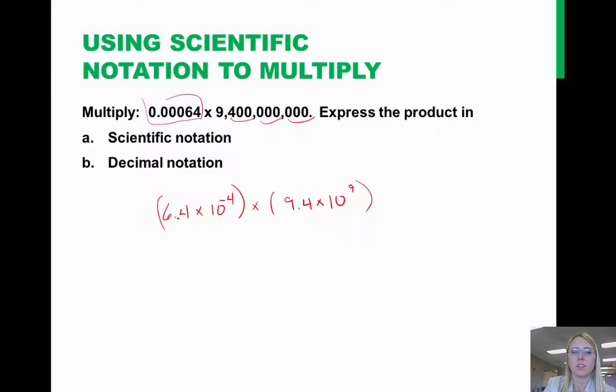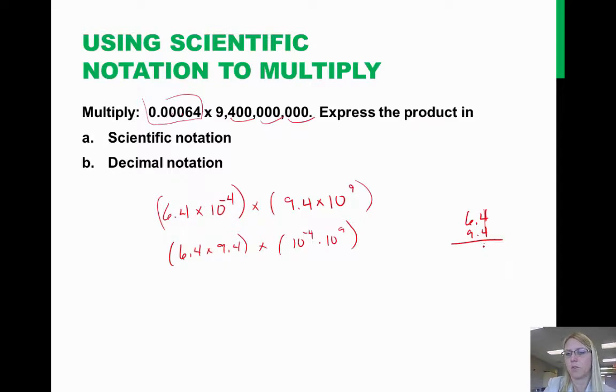And now I can just take 6.4 and 9.4, put them together, times 10 to the negative 4th times 10 to the 9th. So let's take these first two and multiply them. If you don't have a calculator, you can stack them and multiply them. So I could do 6.4 times 9.4, and let's multiply this.